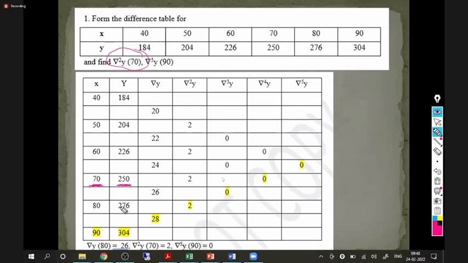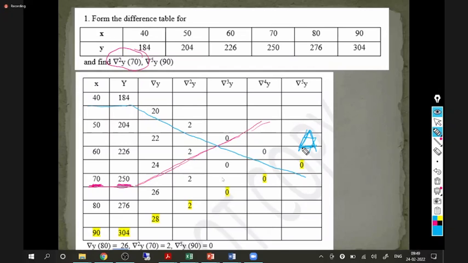Now we want delta, which means we have to go this way. Sorry, my mistake, delta rows will go like this. Got it? I hope I'm clear here. So we want delta square of y70.